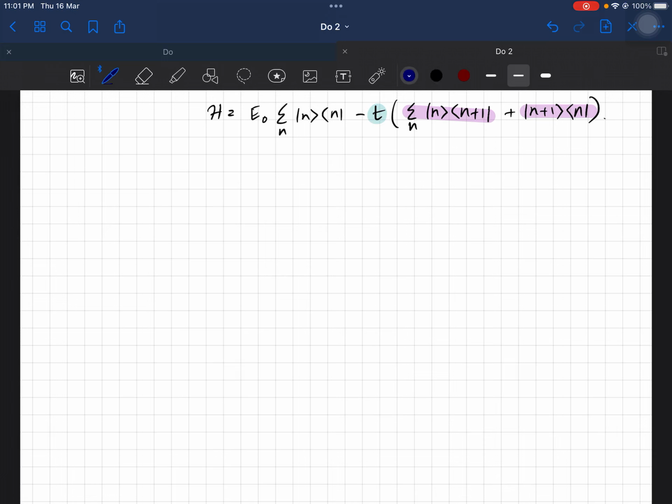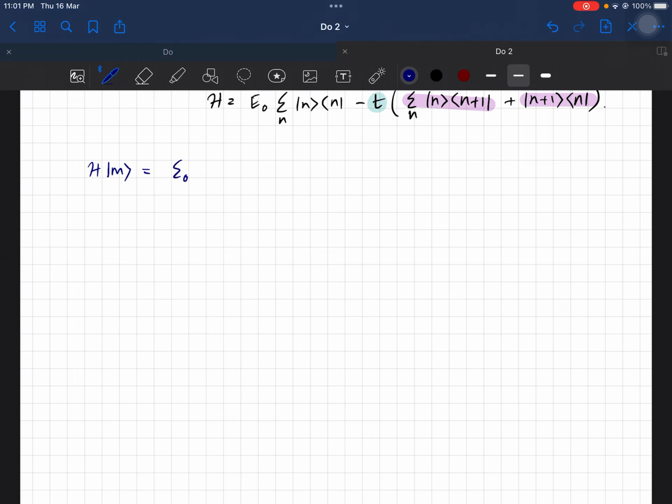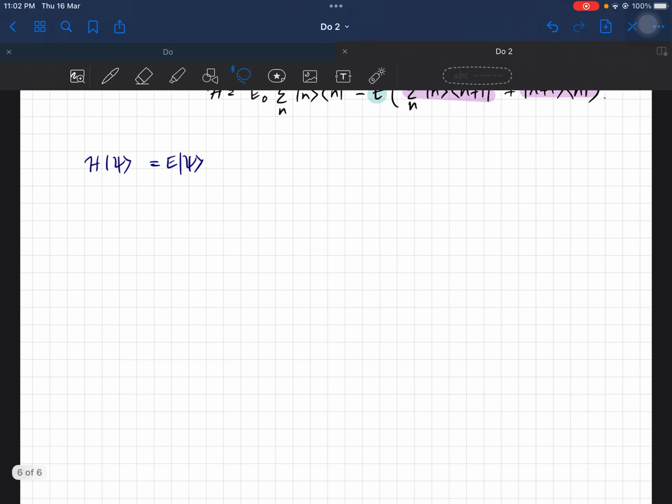So essentially what we need is H applied on some m, which essentially gives us this, equals E psi.